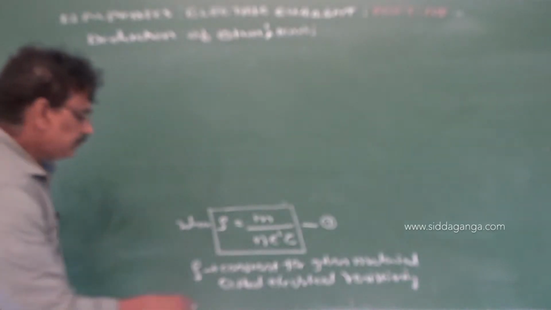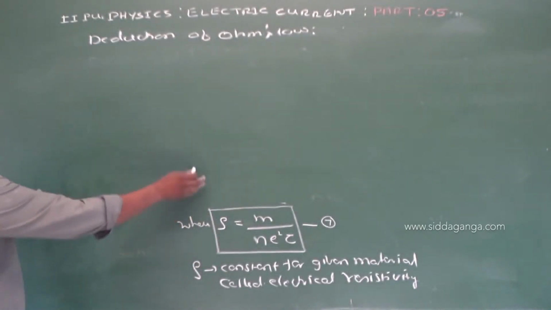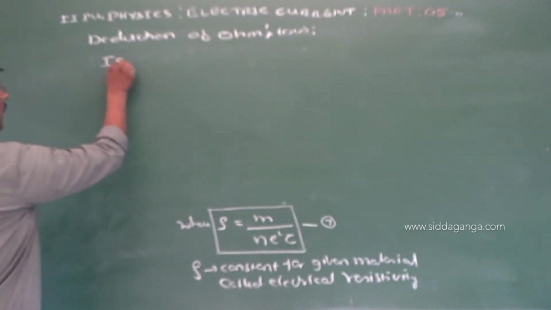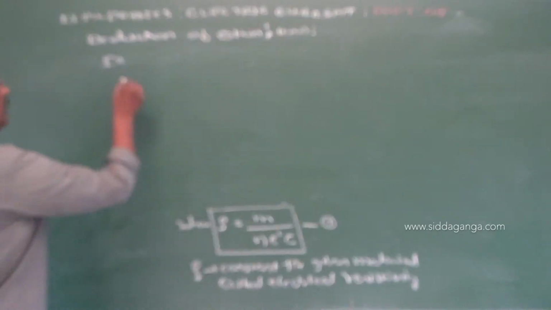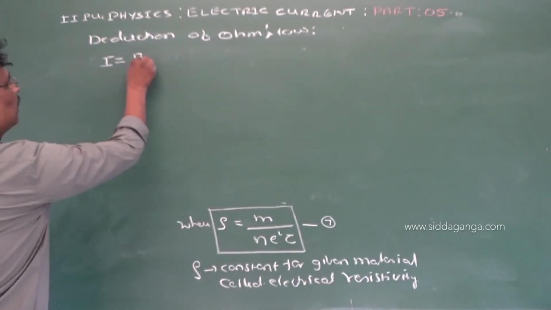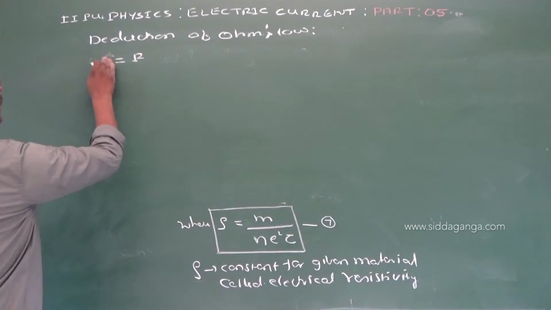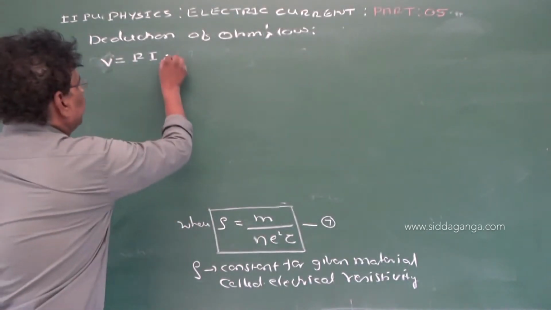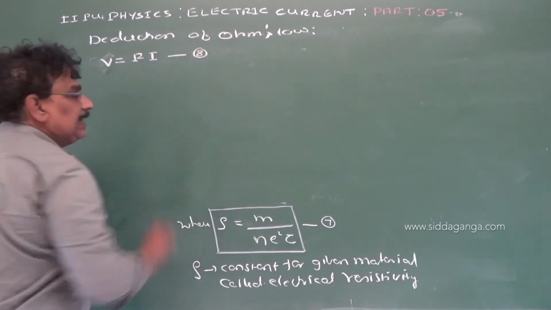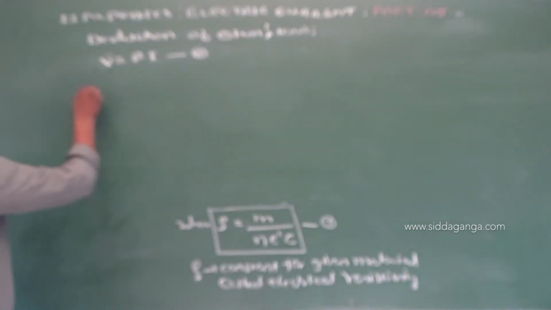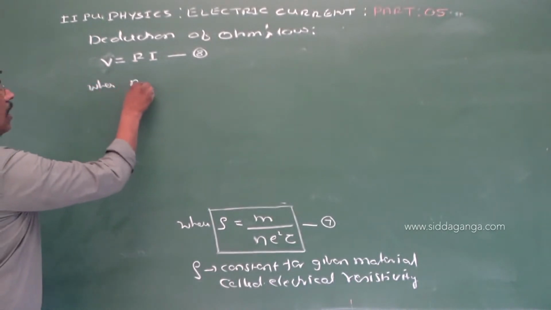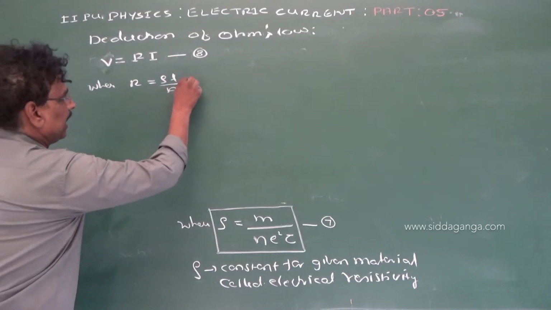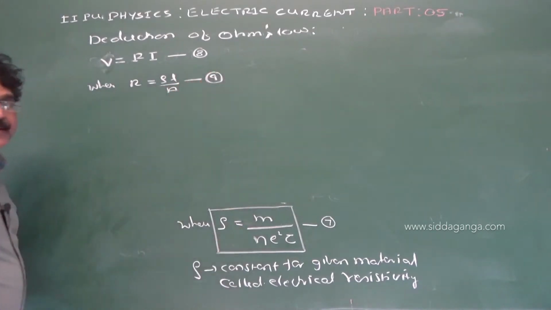Now, from this equation, we can write V is equal to R into I, equation 8, where R is equal to rho into L by A, equation 9.